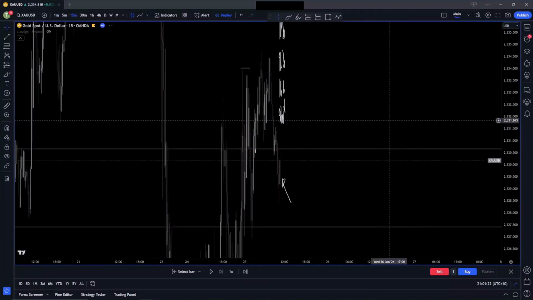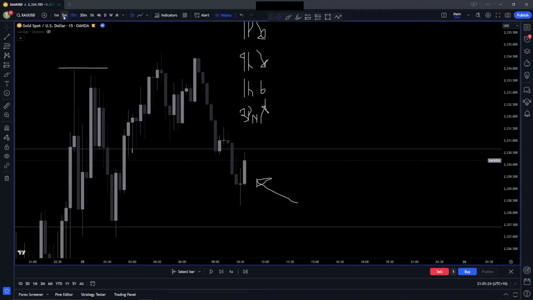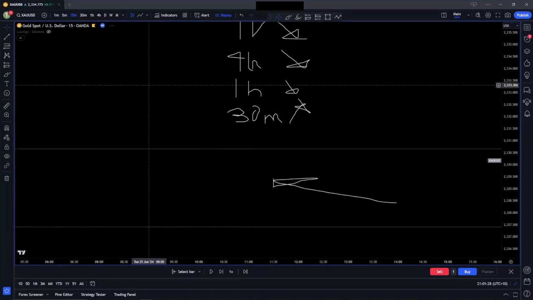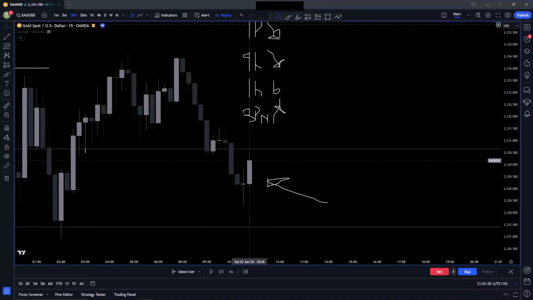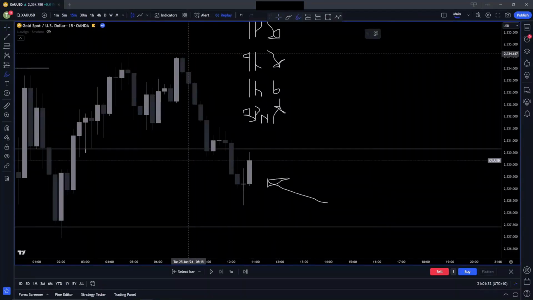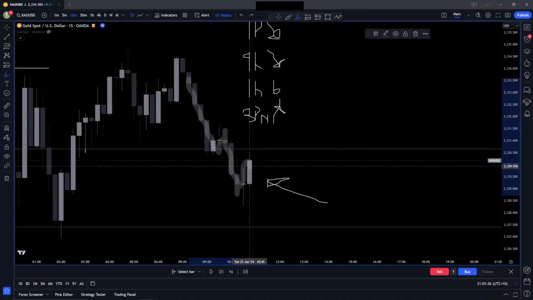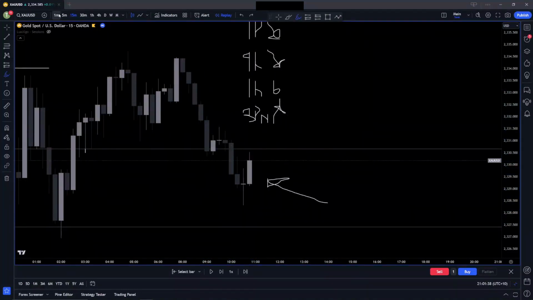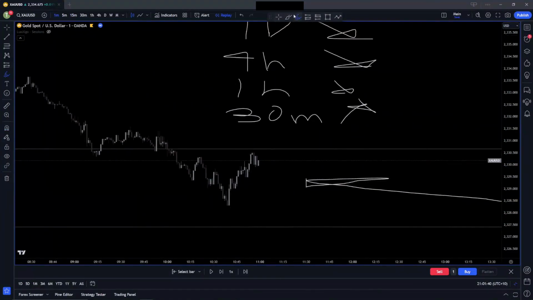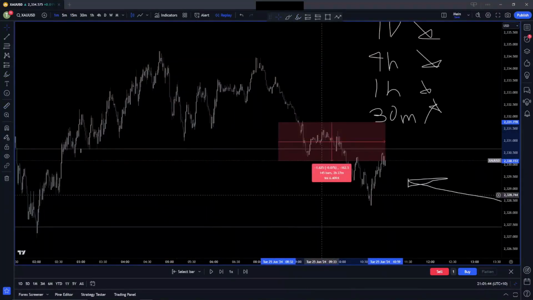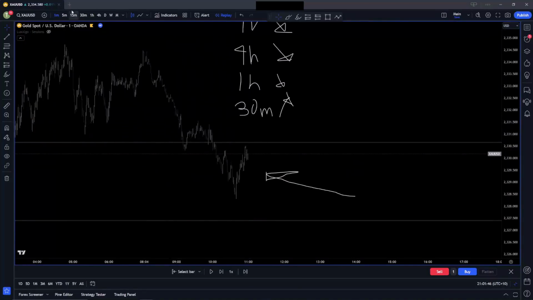If I go down to the 15-minute, have a bit of that type 1 there, a bit of a pullback phase. On the 15-minute, if you just look at this structure here, you're making lower highs and lower lows, lower highs and lower lows. So in the previous 2-3 hours, you're moving bearish.